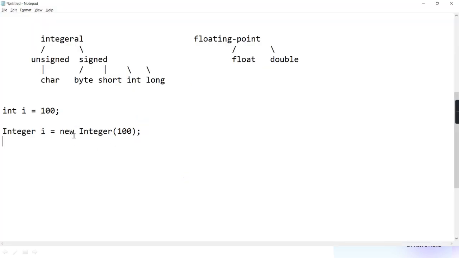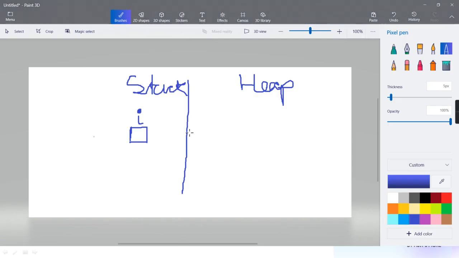Now what this new will do, it will allocate memory as much as needed for this integer class object. So it will allocate memory for integer class object. Then within that object, it will encapsulate. Inside there will be some property, and property means characteristic, attribute.